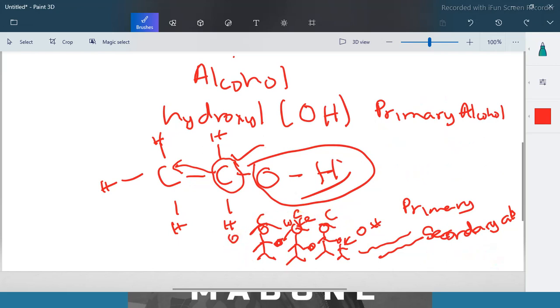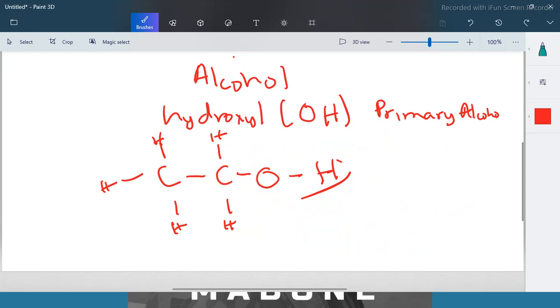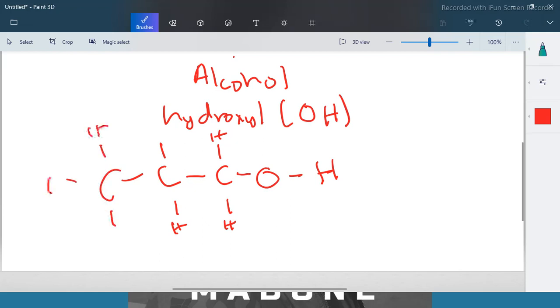Good. Let's see if we can get a secondary alcohol using proper chemistry. I didn't want to take time with this, but it seems like I'll have to. Let's look at it this way. I want you guys to look at this now.